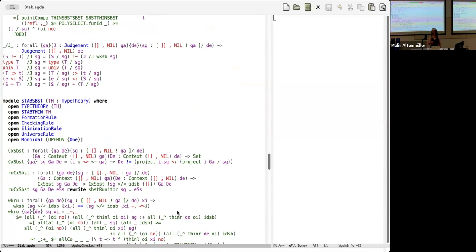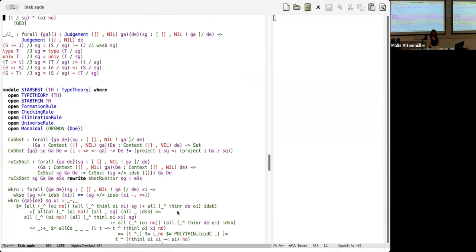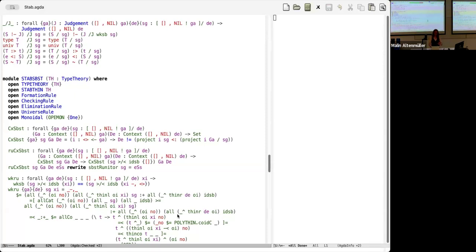Because I hadn't woken up to the good way to do things yet, it's the usual deal: because you need to thin stuff to go under binders with the de Bruijn indices, you have to prove a load of results about thinnings before you can push your results about substitution under binders.